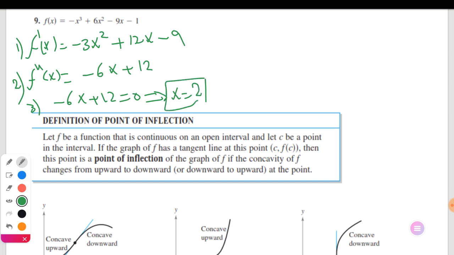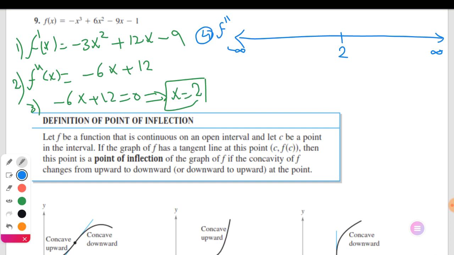Then the fourth step, draw the line for the second derivative, with 2 where it equals 0, negative infinity and infinity.